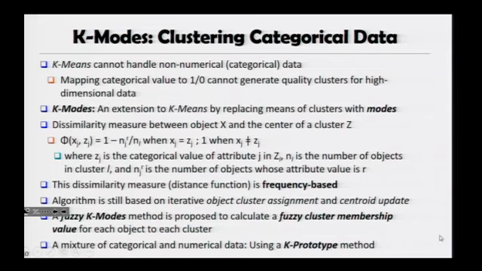So they propose the k-prototypes method as well. I'm not going to cover the details of these two more sophisticated methods, but if you are interested, you can go back to the textbook and look at the resources on Piazza.